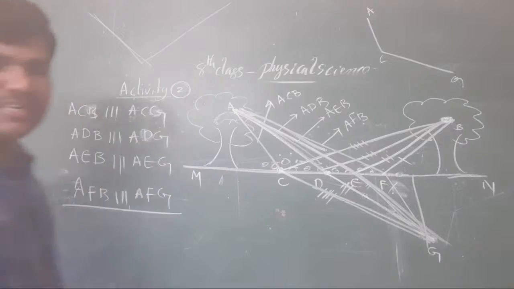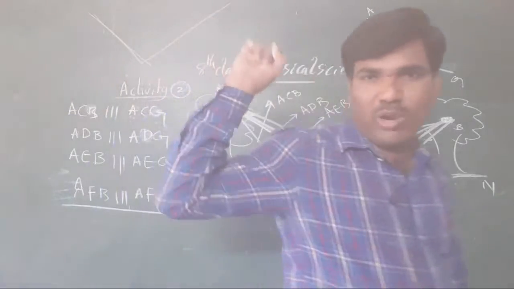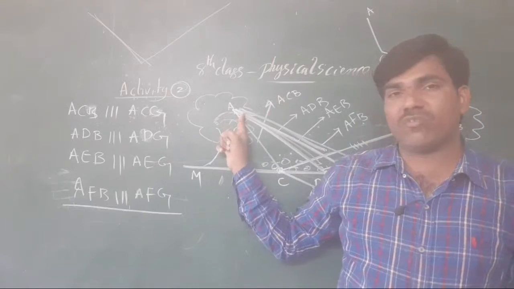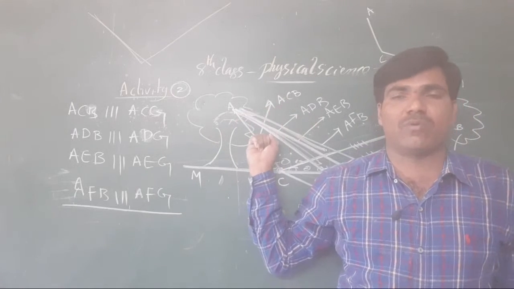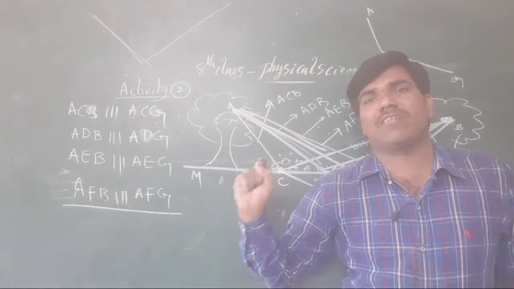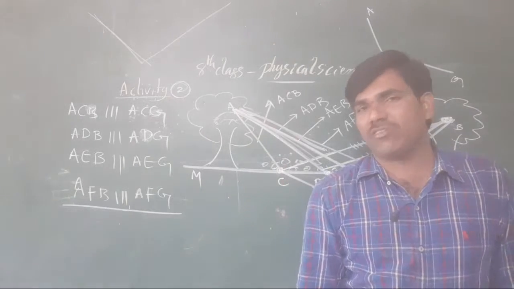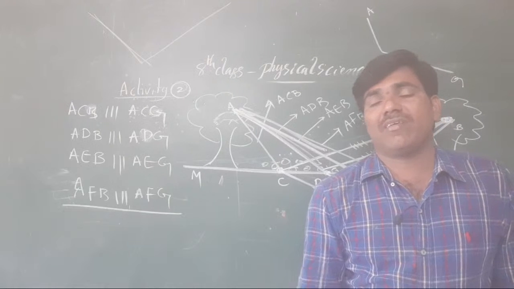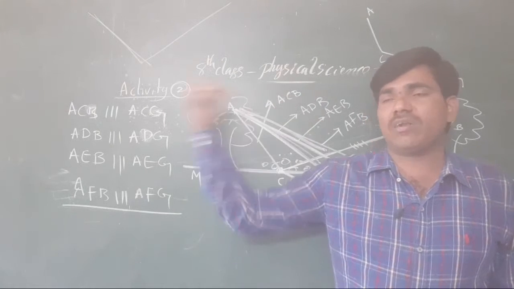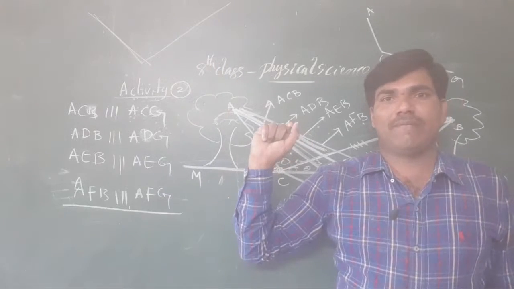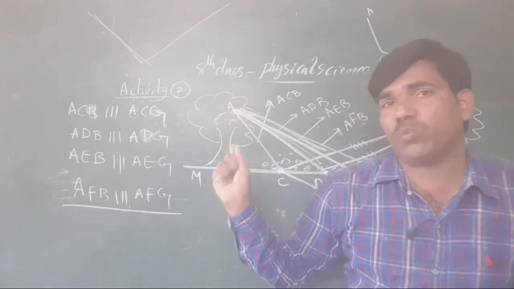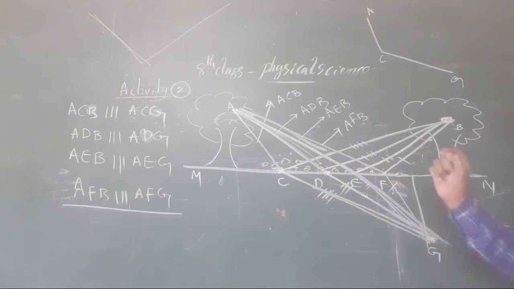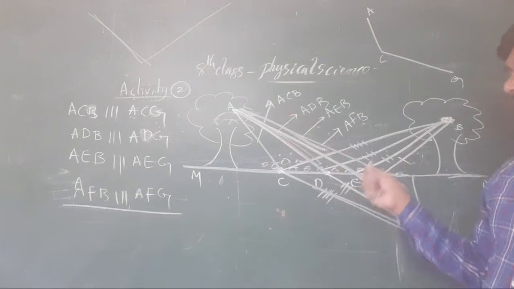Every time, the light is also like our crow. Every time light is also like this crow. It selects the shortest path only, not the longest path. Our crow selects the shortest path for traveling in the air.